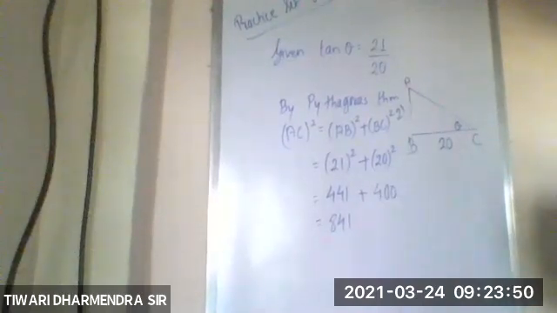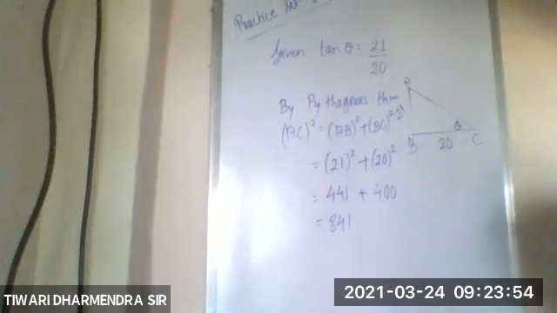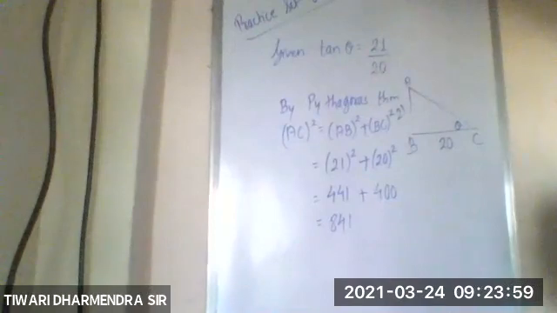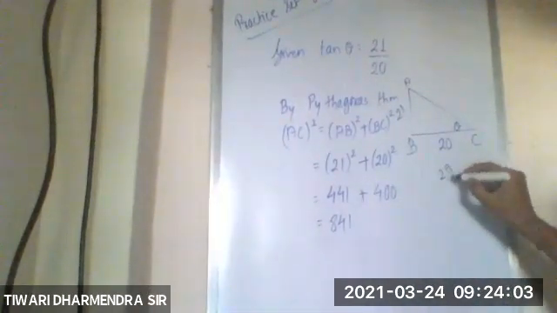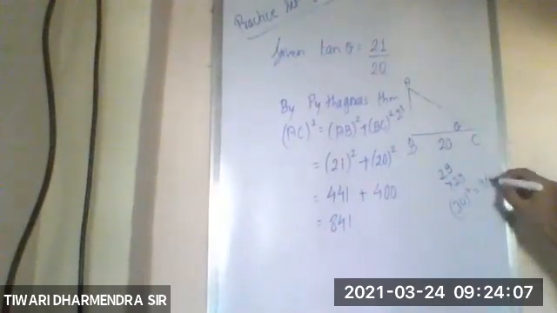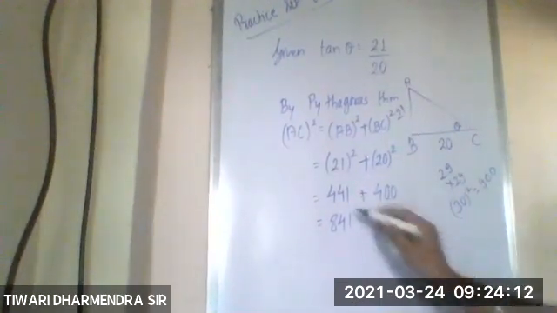Now we're having AC square as 841, and we know that, you can try 29 into 29. As we know that 30 square is 900, and this value is less than 900.